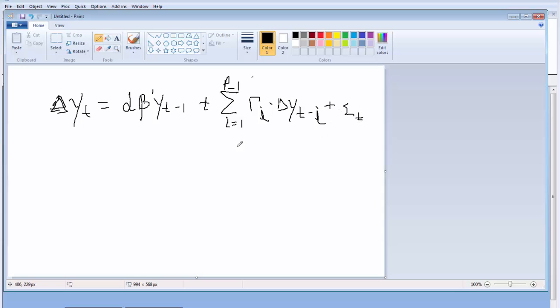Now this is your VAR system basically, because this part here is part of the VAR. The whole thing is a vector error correction system, and alpha is just an error correction parameter for one of the stationary variables.